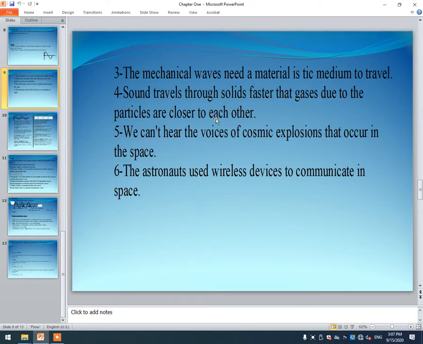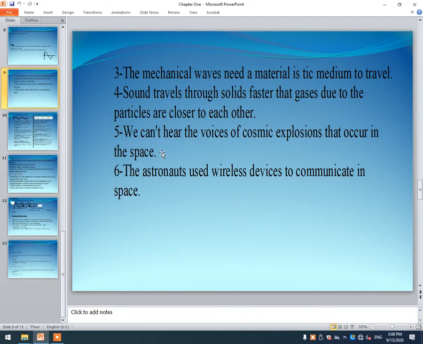It needs a medium to propagate through, needs molecules to jump on, needs a carrier of the energy. So sound can't propagate through space. So we can't hear the voices of cosmic explosions that occur in space.